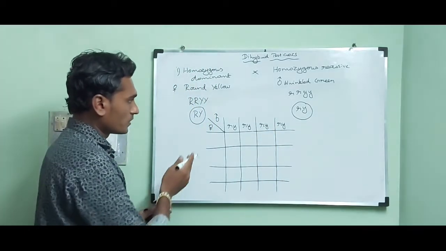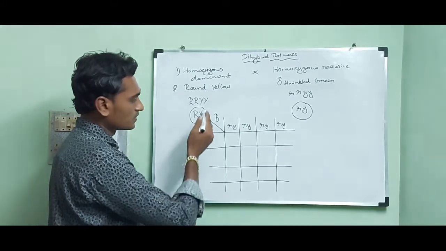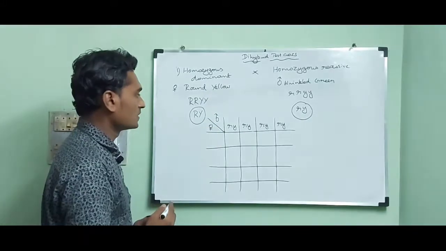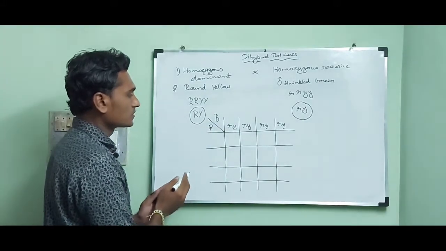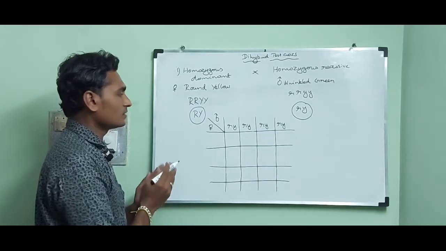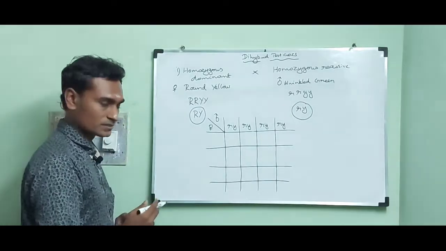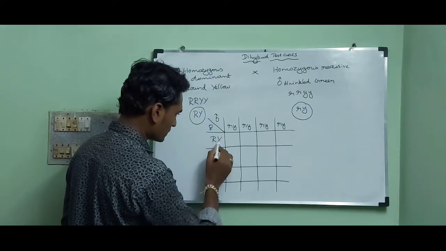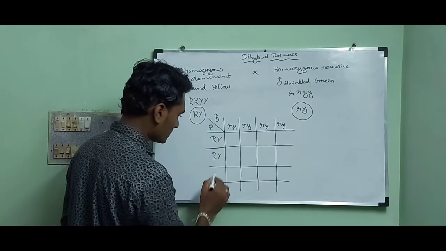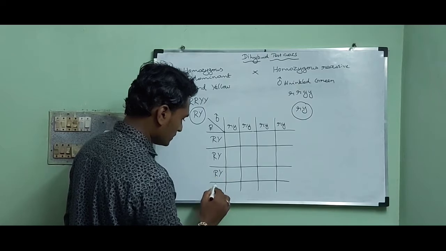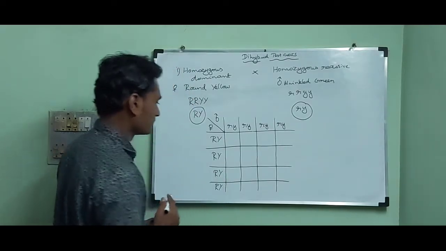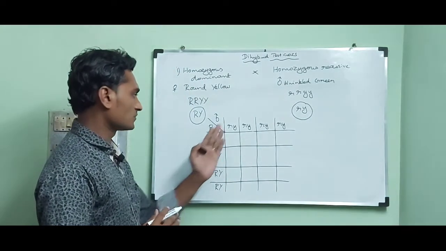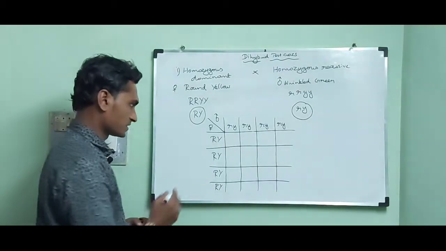Now I am going to place the gametes in the columns. Here all are dominant, that is capital R, capital Y, repeated four times. Now fusion of gametes takes place.